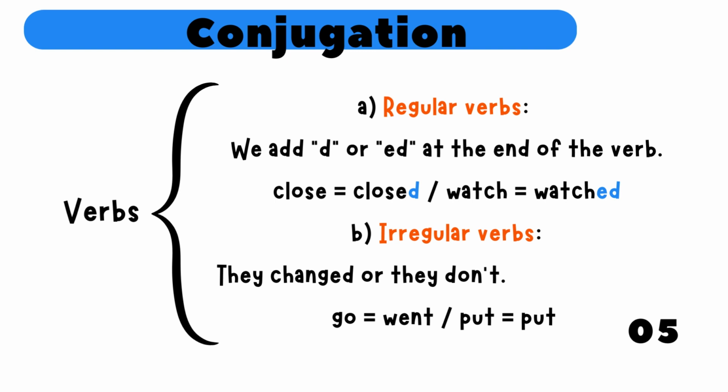And then we have the irregular verbs. They don't follow any rule to be conjugated. They change or they don't. For example, go in present, went in past. Put, put in present, put in past.